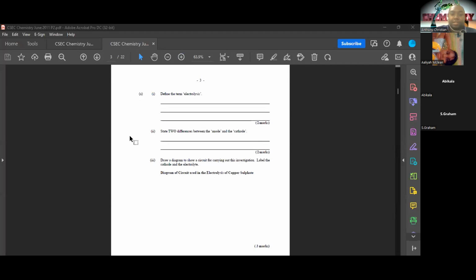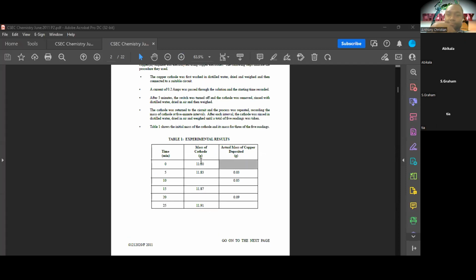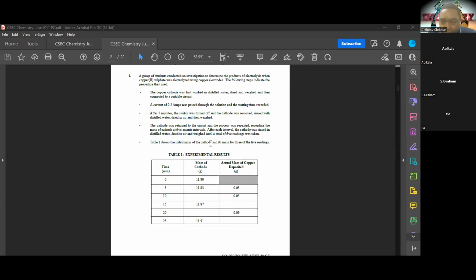You put it back to the question. The cathode would be copper, and the electrolyte would be copper sulfate. Copper sulfate. All right, that is correct.